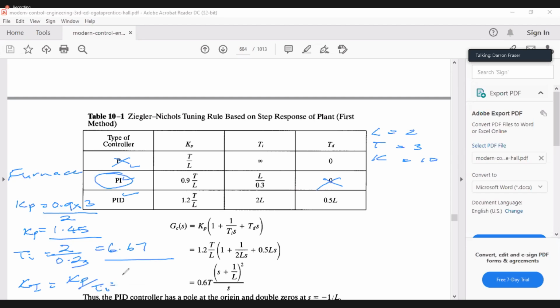So that is 1.45 divided by 6.67. Somebody tell me what that works out to.